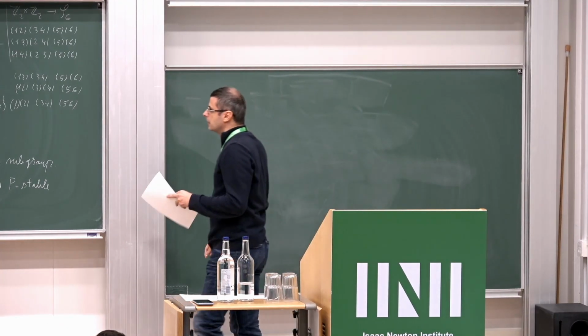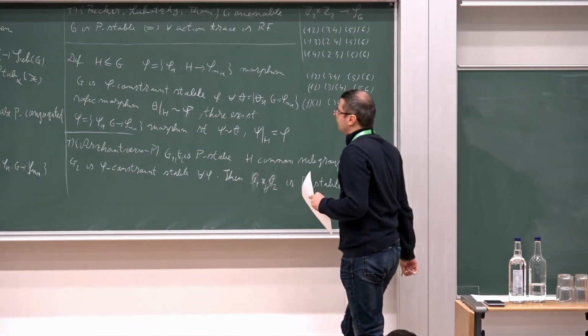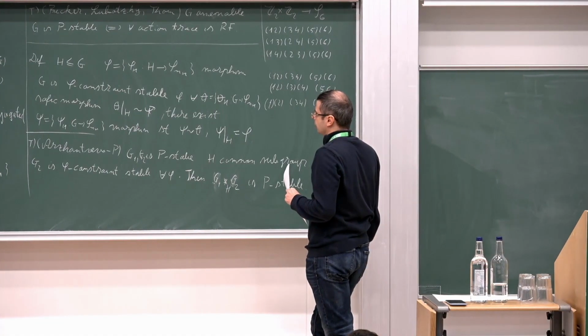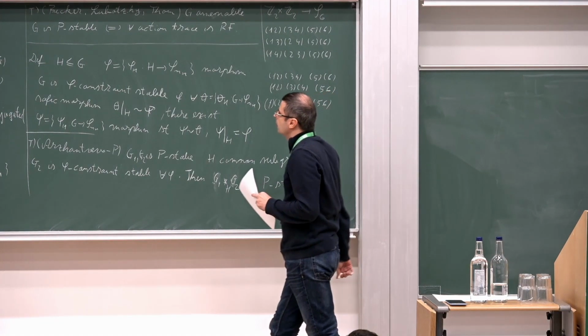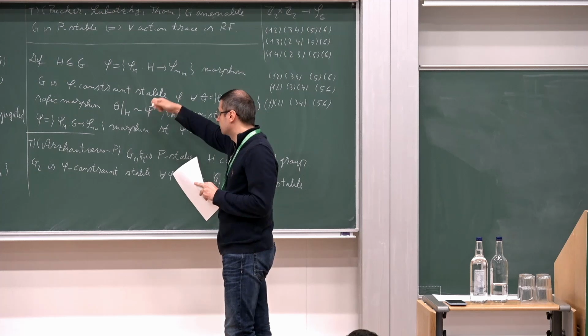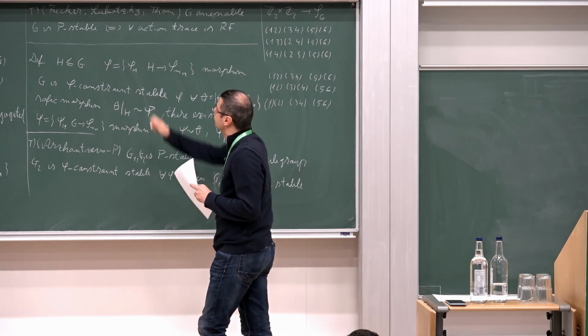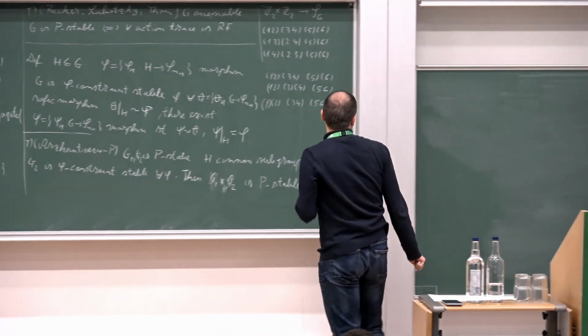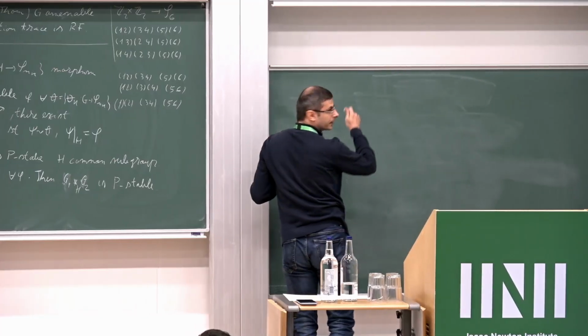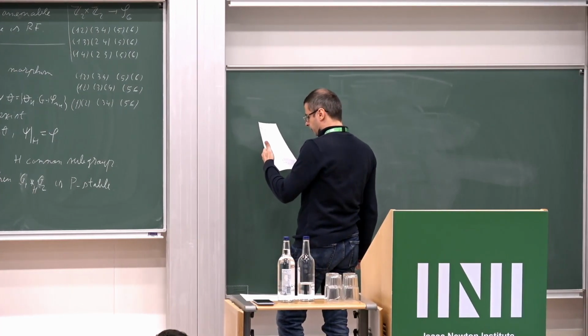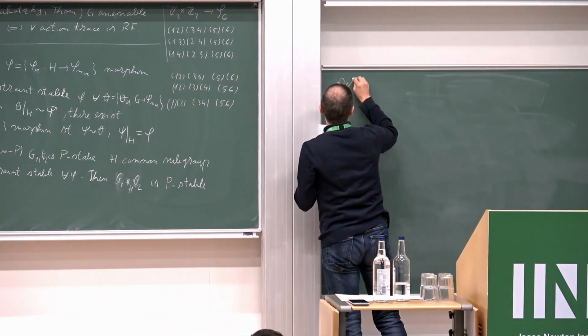So in order to show how examples arise, I will need to tell this notion of constraint stability for action traces. I'll write here and then I will put the table up.